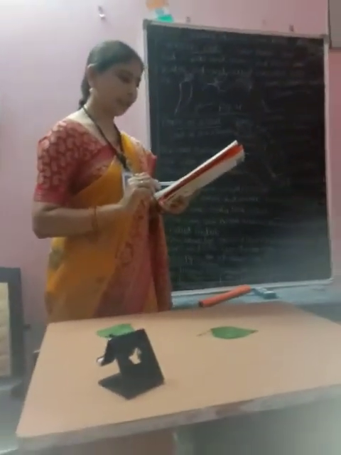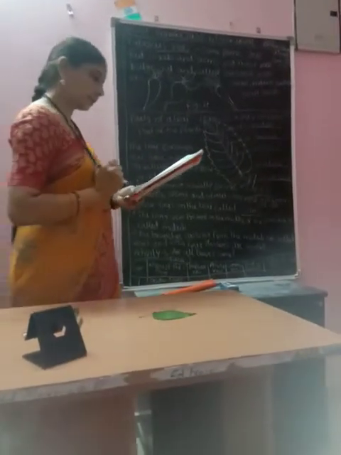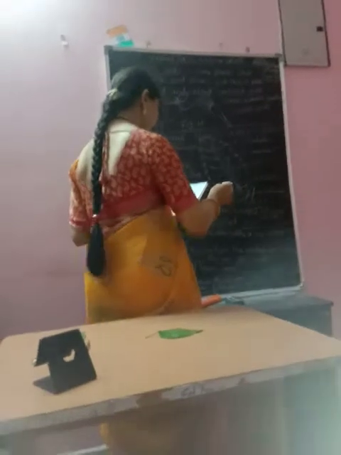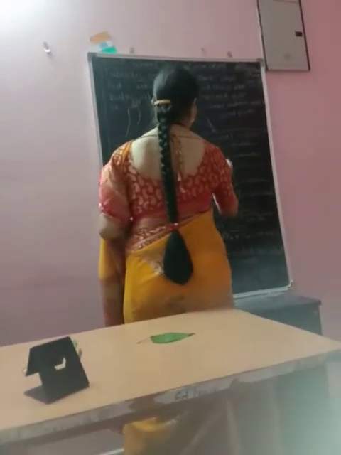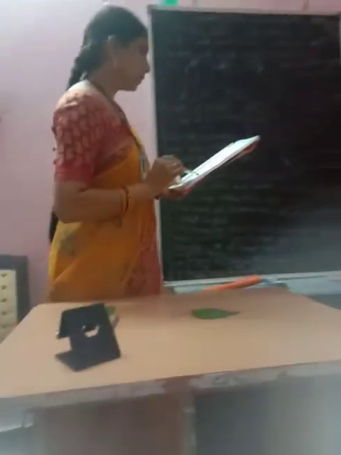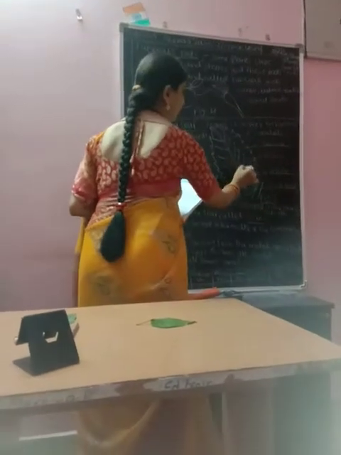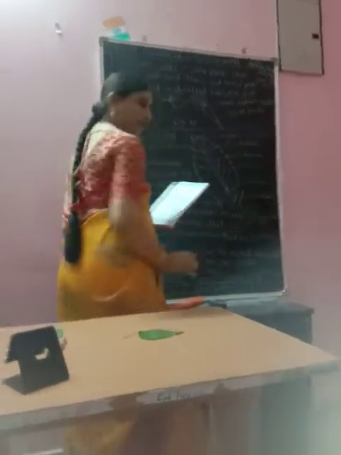The branches arising from the midrib are called veins. These are all called veins. Okay, Gagan, the branches of the midrib are called veins.